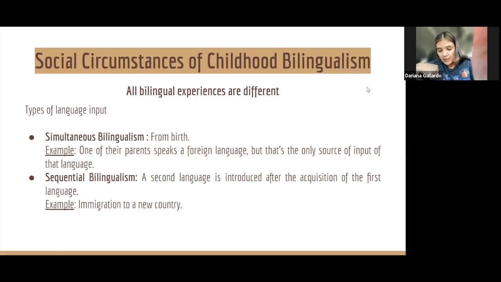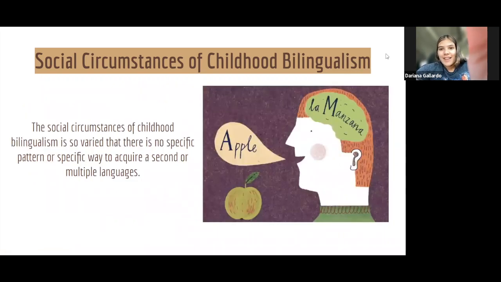These are 2 types of social circumstances of childhood bilingualism. These circumstances are so varied that there is no specific pattern or a specific way to acquire a second or multiple languages. Thank you.